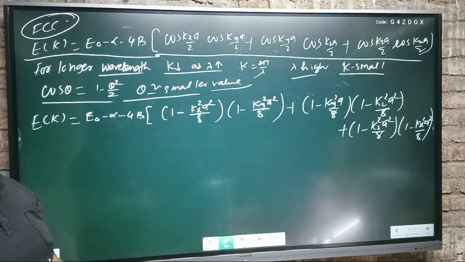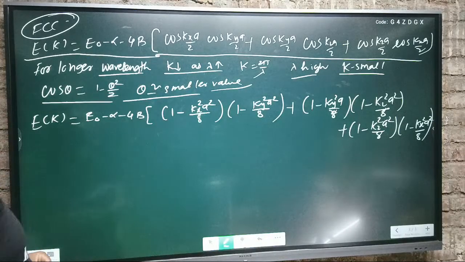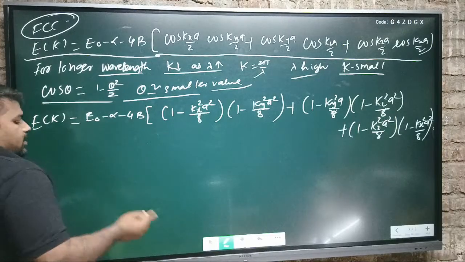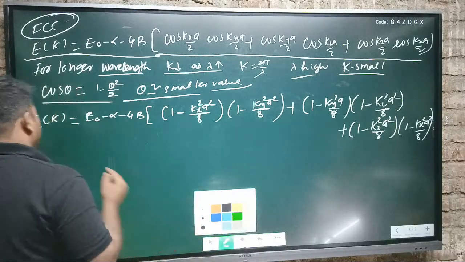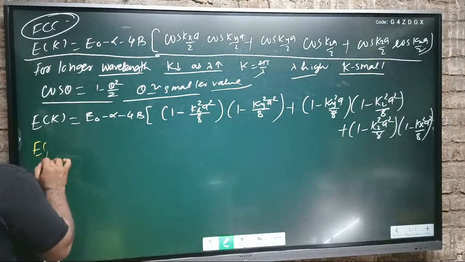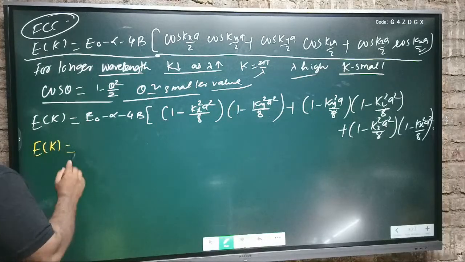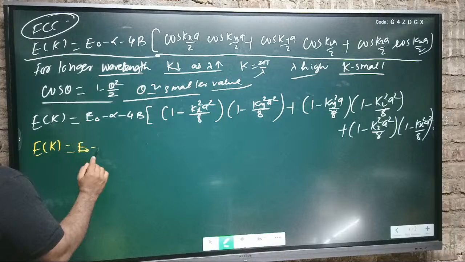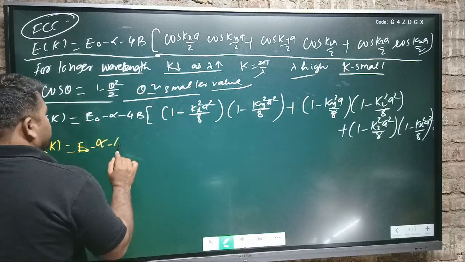Any doubt? Multiplication. E of k is equal to E naught minus alpha minus 4 beta.